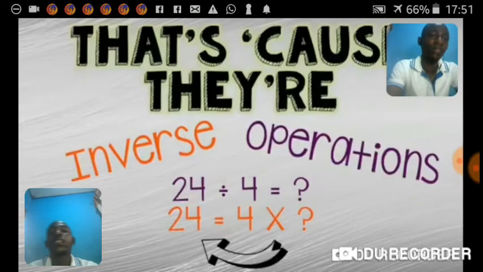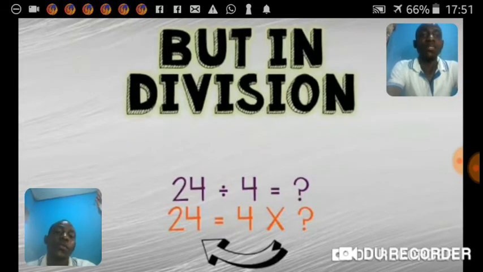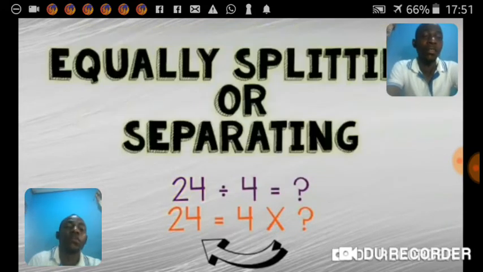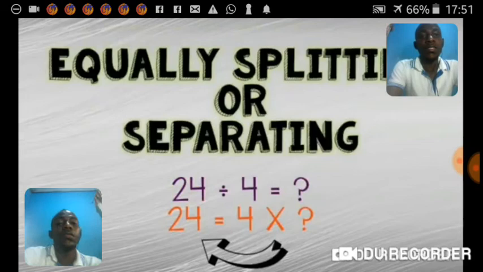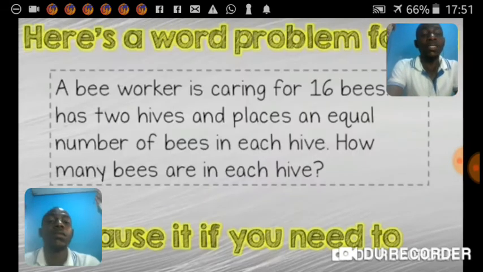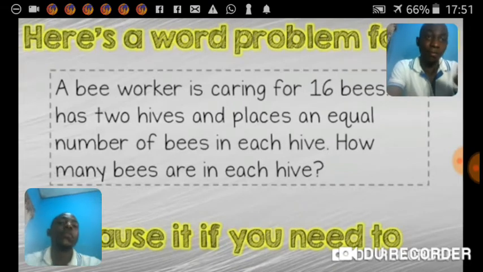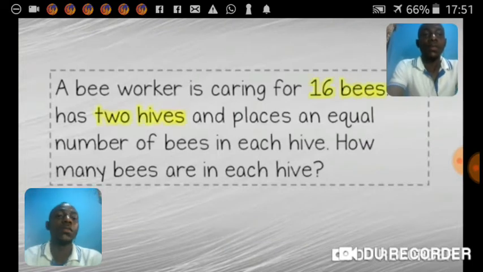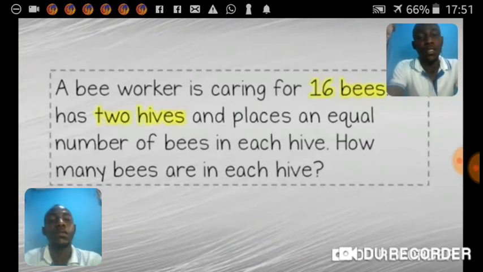Substitution. Operations, but in division. We know that the Total is given. equally splitting or Separating. to determine. Determine the unknown. Here's a word problem for you. Pause it if you need to. No, really. You should. You can do it. We know the total and the number Oh. of groups.